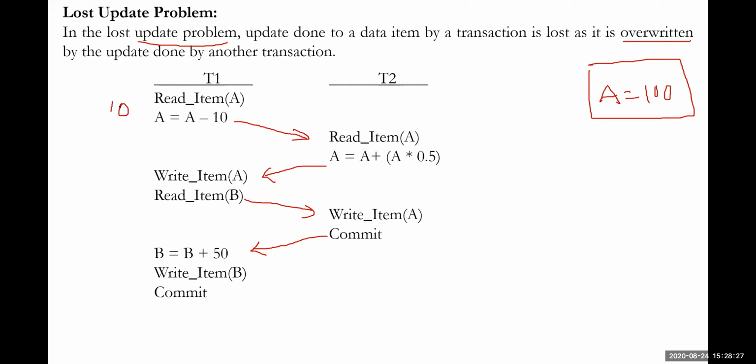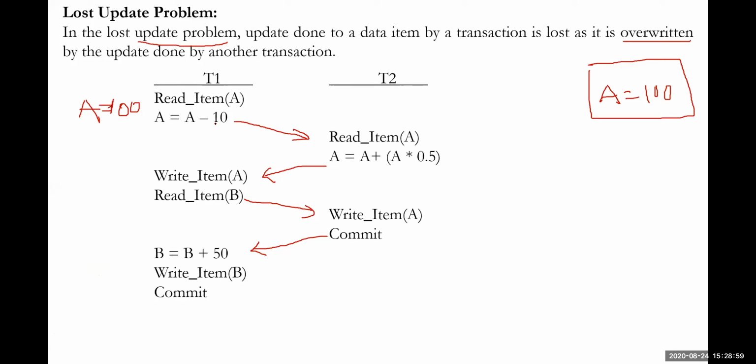So 100 at transaction T1, and the value of A has been modified by minus 10, so it could be modified to 90. Of course, it is also to be written. One moment, please. The modification happened, but it is not written onto A here, because the write has occurred after some time.